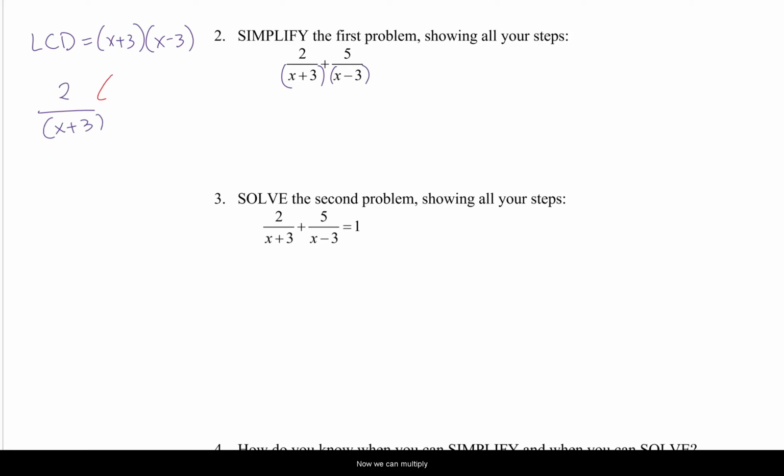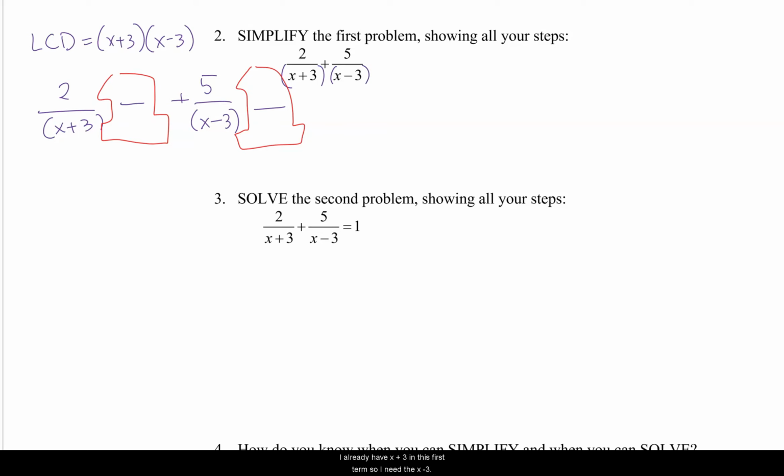Now we can multiply both of these fractions by special forms of 1 so that we can get them to have common denominators. So the LCD here is x plus 3, x minus 3.